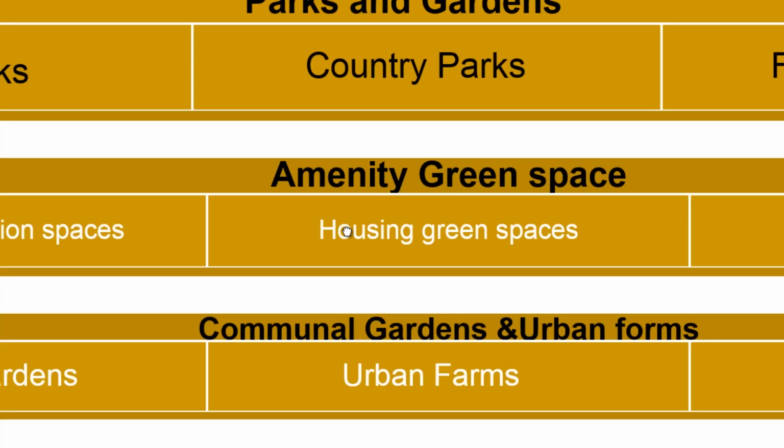And we have housing green spaces, every house which has a front yard and a backyard may allocate some areas for green spaces even in urban areas. And domestic gardens, which they develop only for the minimum needs of their family. These are some of the amenity green spaces.